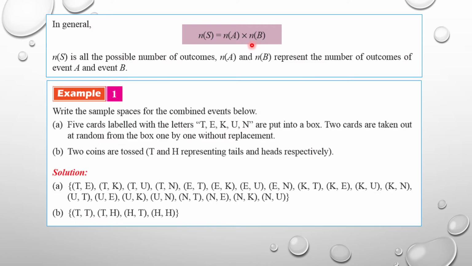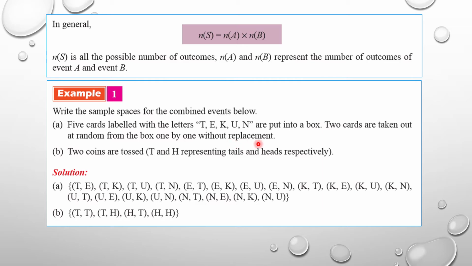Okay, now let's move on to another example. Write the sample space for the combined events below. 5 cards labeled with the letters T, E, K, U, N are put into a box. 2 cards are taken out at random from the box one by one without replacement.